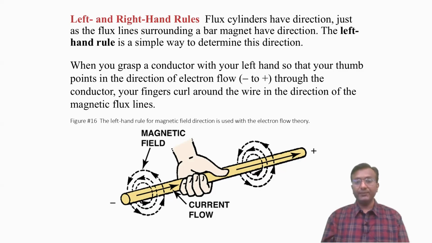You can see in the figures the left hand rule for magnetic field direction. In most automotive circuits, the conventional theory of current, that is from positive to negative, is used. Thus, the right hand rule is applied to determine the direction of the magnetic flux lines.